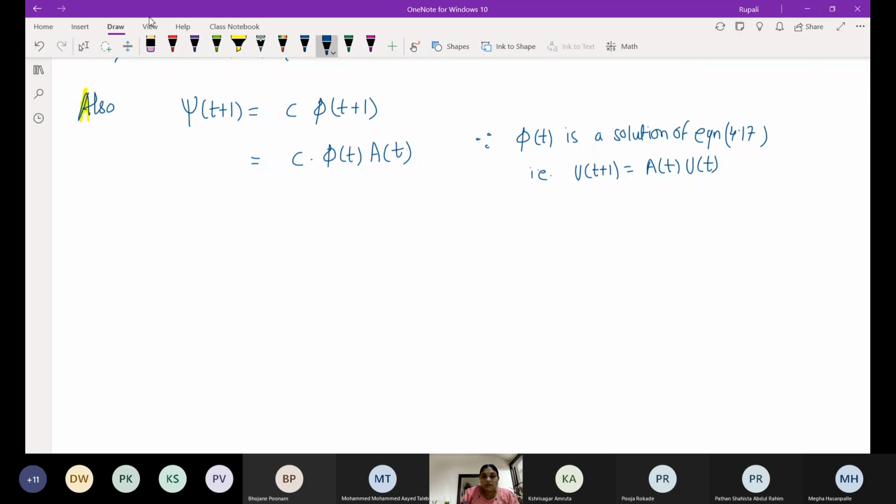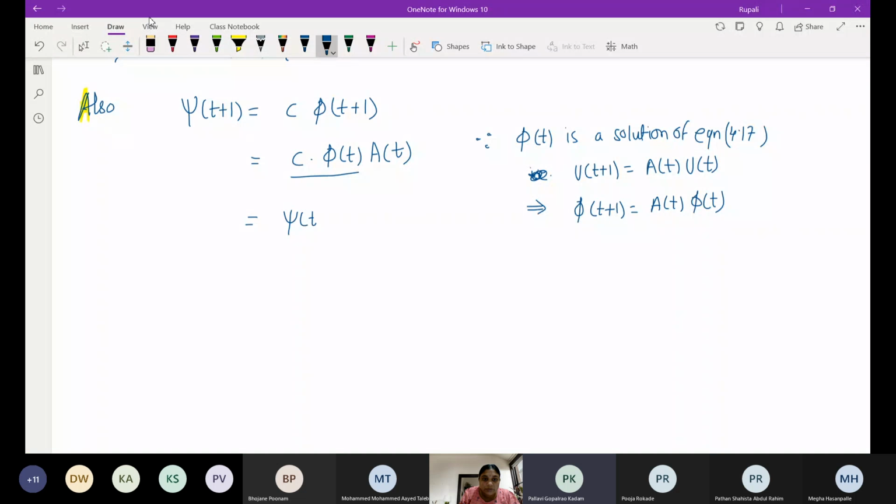So phi t must satisfy this equation. So this implies phi at t plus 1 is nothing but a of t into phi of t. Is that right? C times phi t is my psi t.